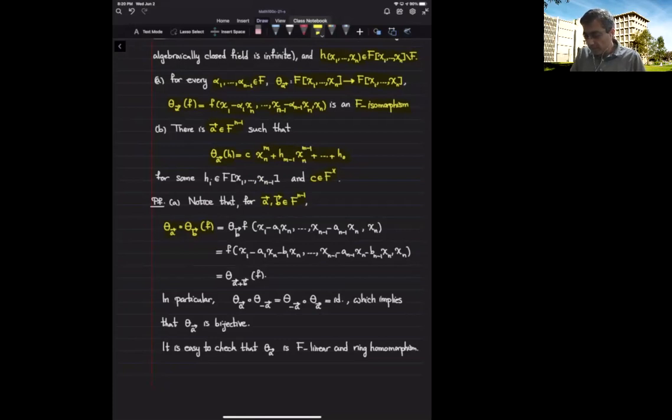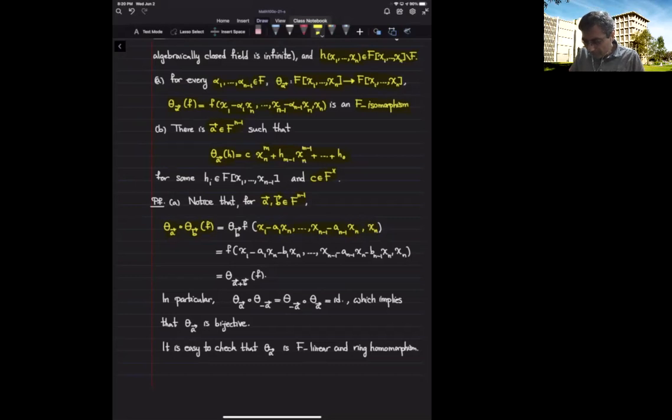When I apply this one to the function theta b of f, it means that this polynomial should be evaluated at the point x1 minus a1 of xn, x2 minus a2 of xn, x sub n minus 1 minus a sub n minus 1 of xn, and the last coordinate doesn't change.